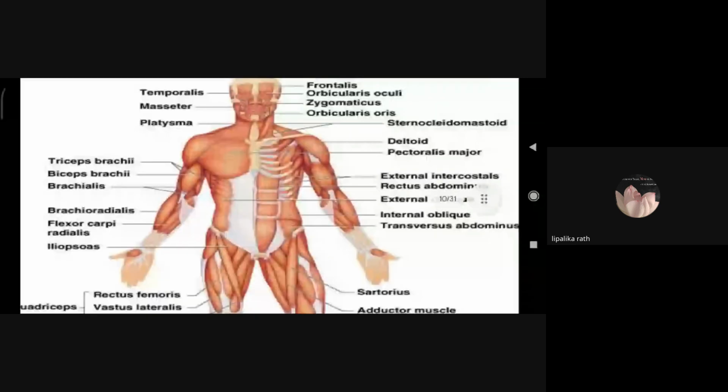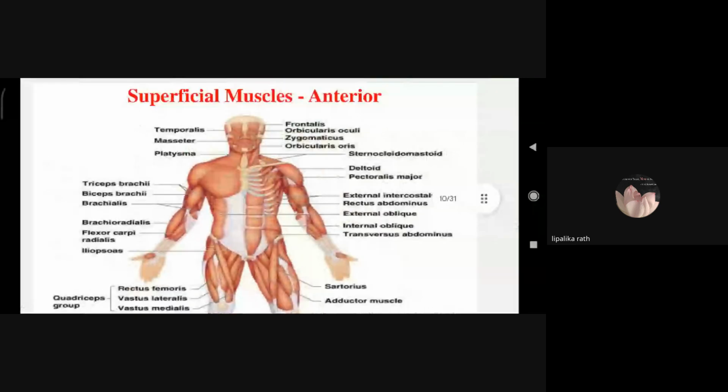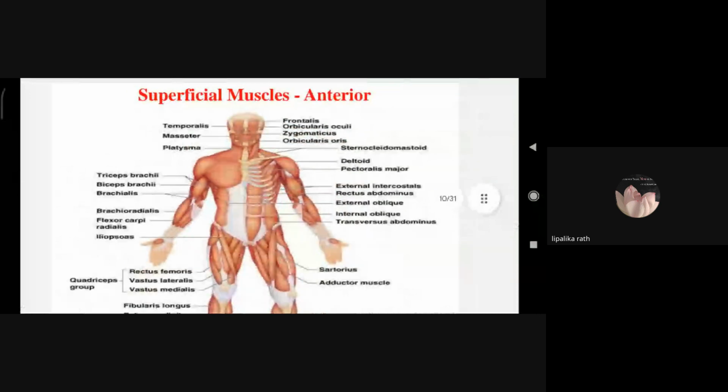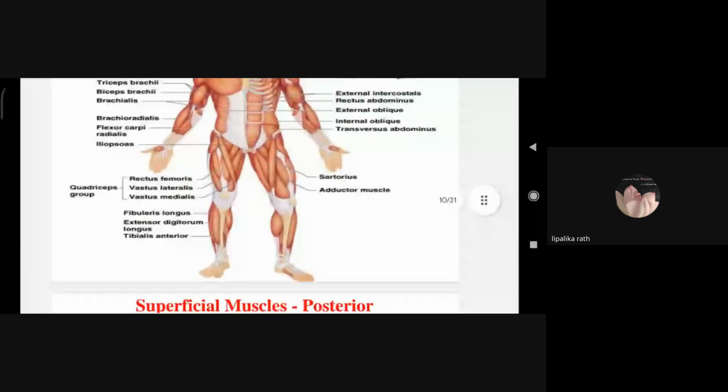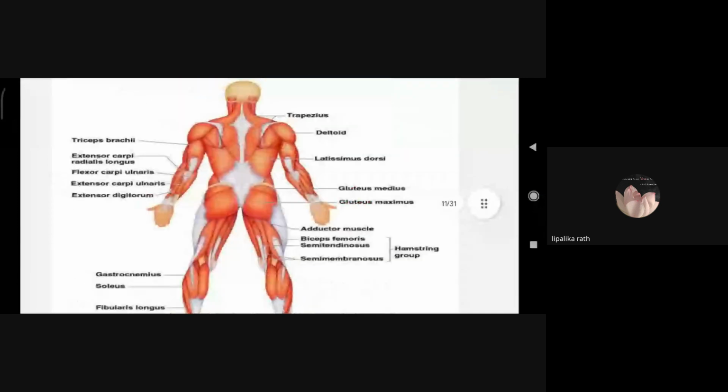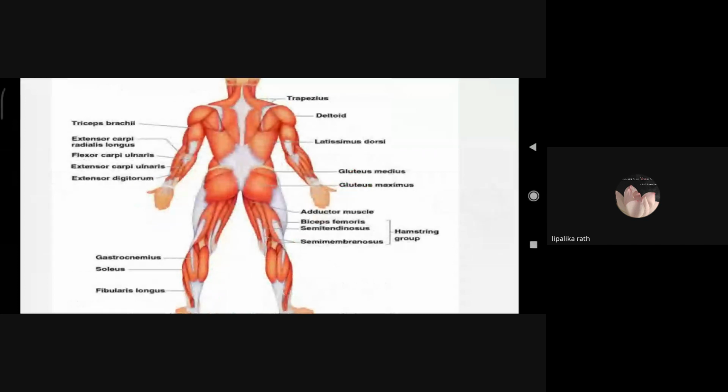Now, these are some important muscles we have to learn. These are muscles of the back side. We have to learn all these muscles.